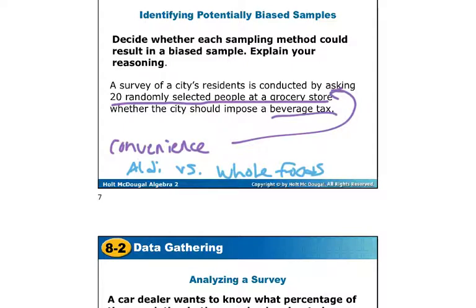Either way, most likely because of the prices, Aldi is going to have people who have lower income or just like a bargain. And then Whole Foods is going to have either the people that may have more money or that care more about certain types of foods. So on that note, this is a convenience sample, and so it could be biased.